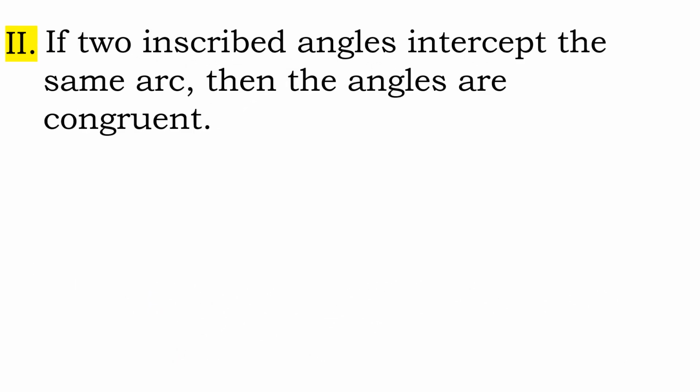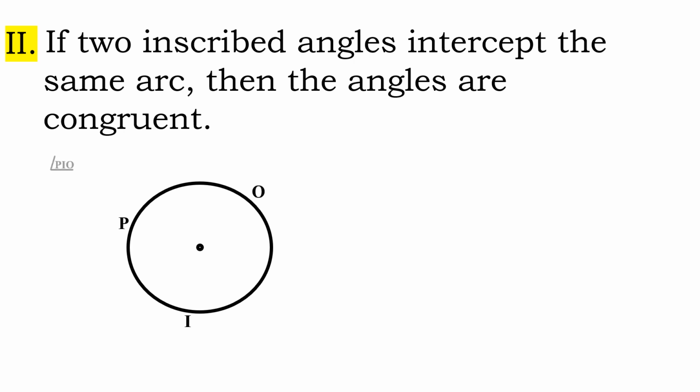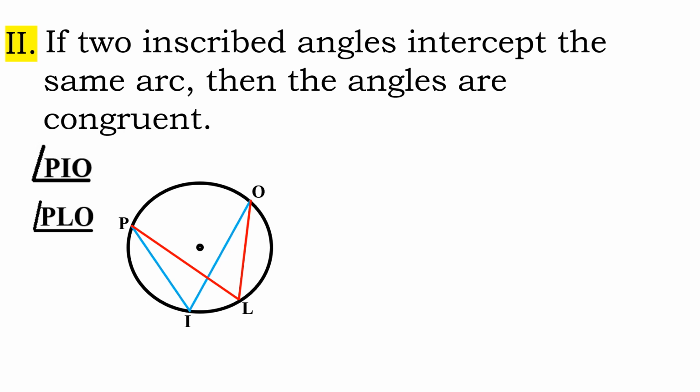If two inscribed angles intercept the same arc, then the angles are congruent. We have here angle PIO and angle PLO. The intercepted arc of angle PIO is arc PO, and the intercepted arc of angle PLO is also arc PO.